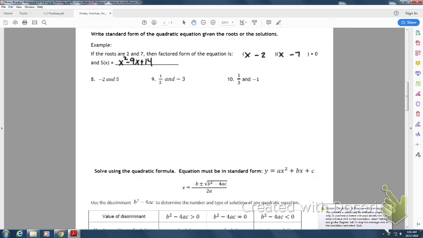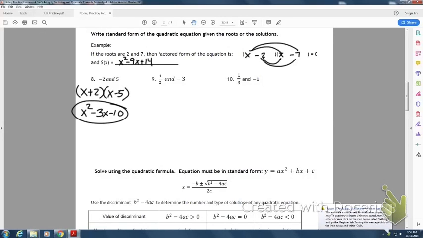Distributing the first x to the second binomial, -2 to the second binomial. Once you get that, you know where I got all of that, I want you to attempt number 8. There's 8.